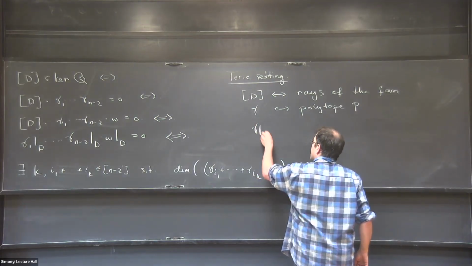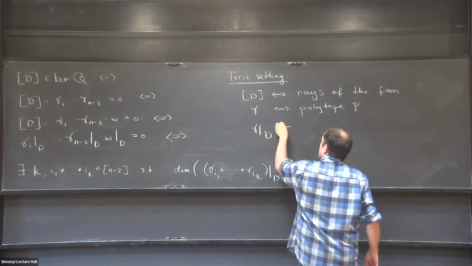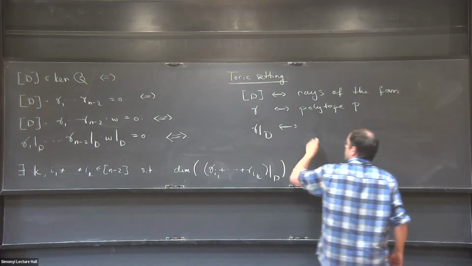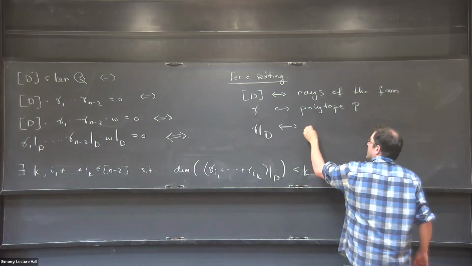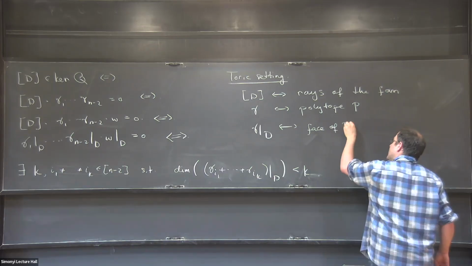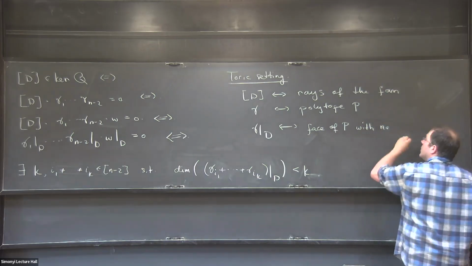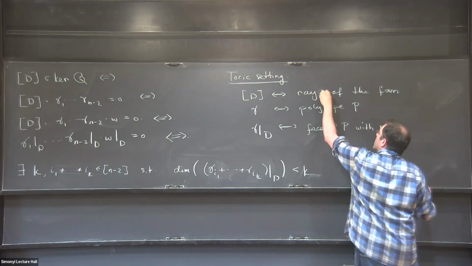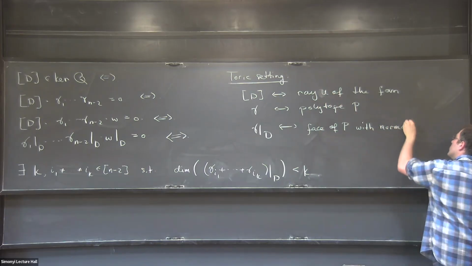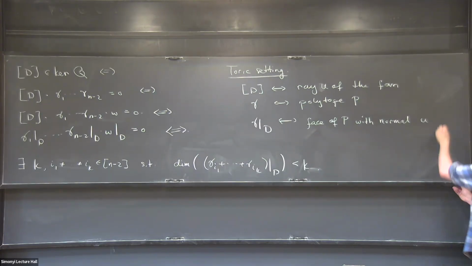And the restriction to such a prime divisor, to a toric invariant prime divisor, corresponds exactly to the face of P. So let's call this ray U, with normal direction U. But there is still something one needs to argue, because if I assume this, it's not saying that I can check just the torus invariant prime divisors.